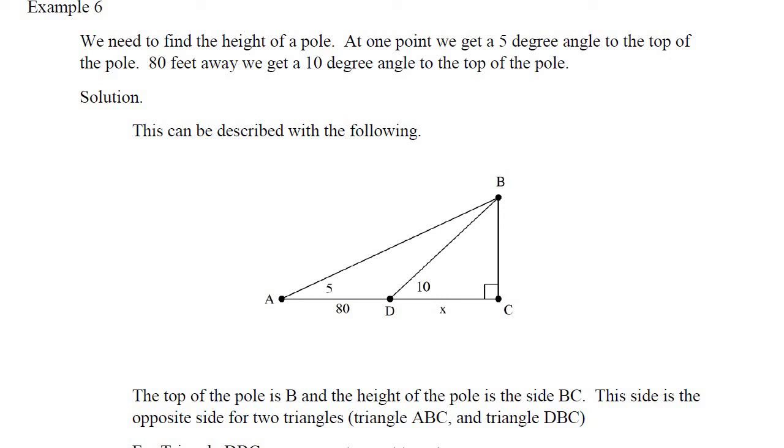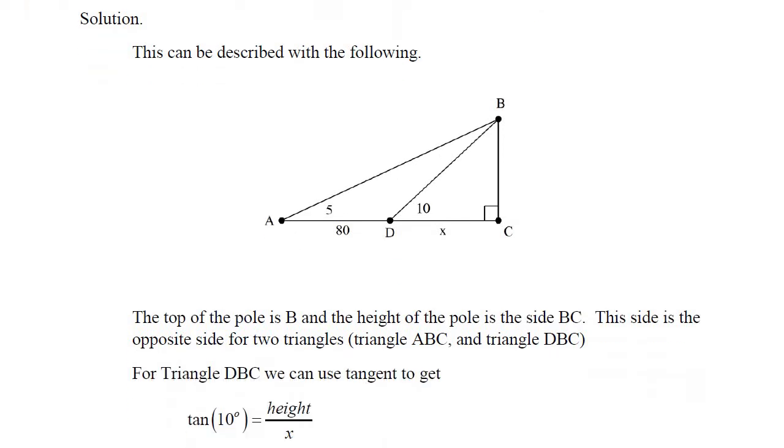So I'm going to take a look at the smaller triangle, the DBC, first. Now we're wanting to find this height. The trig function that's going to relate this height to my adjacent side here, which is labeled as x, is tangent. So the tangent of this 10-degree angle is equal to the opposite side, which is the height, over the adjacent side, which is x.